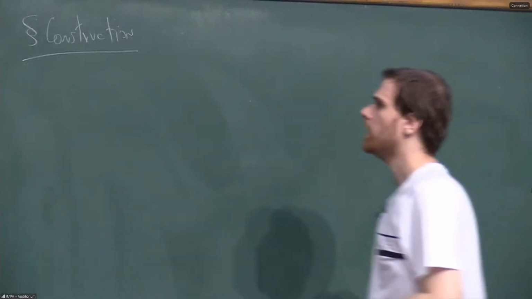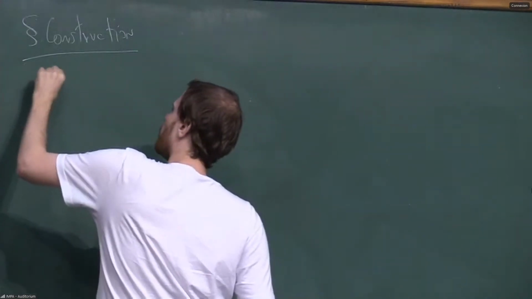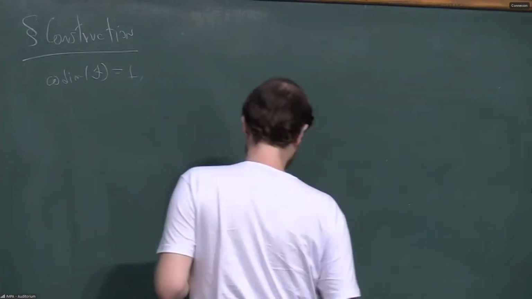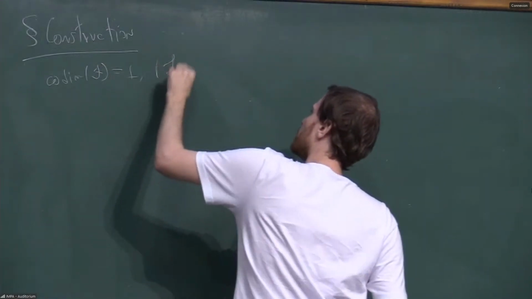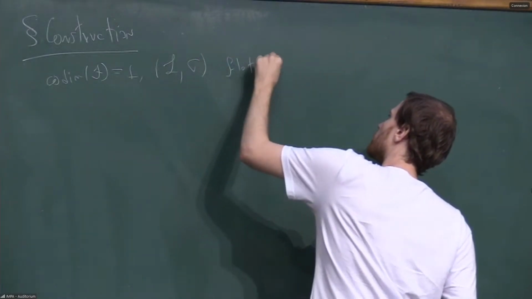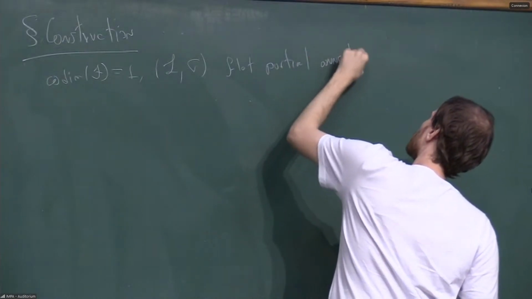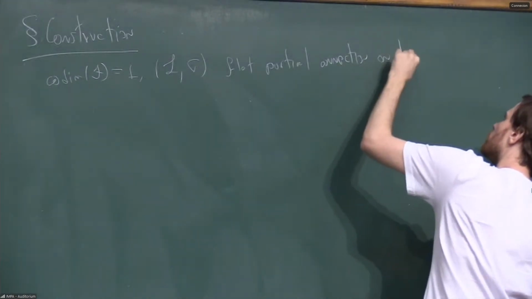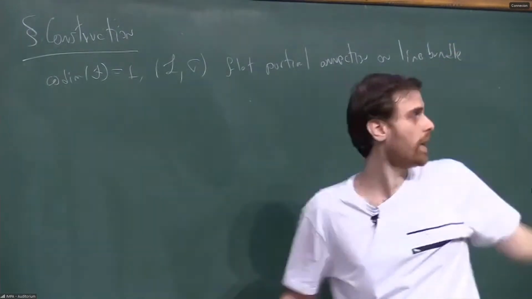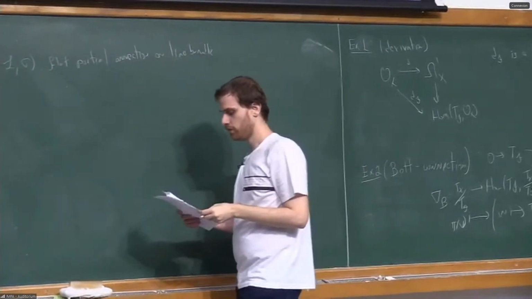Okay, in this construction, it can be made more general, but I will consider a codimension 1 foliation and a flat partial connection on a line bundle. Okay, for example, O_X, the Bott connection are examples where we can apply this construction.